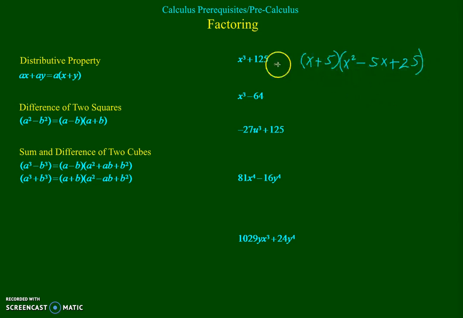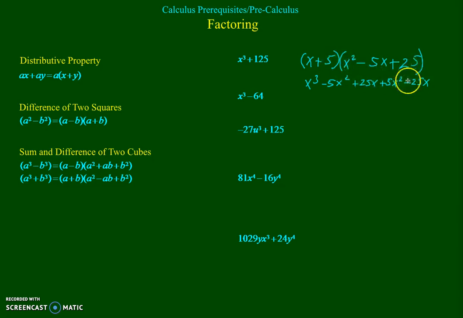And if we were to multiply these through, we would end up getting this. X times x squared is x to the third. X times negative 5x is negative 5x squared. X times 25 is plus 25x. 5 times x squared is plus 5x squared. 5 times negative 5x is negative 25x.